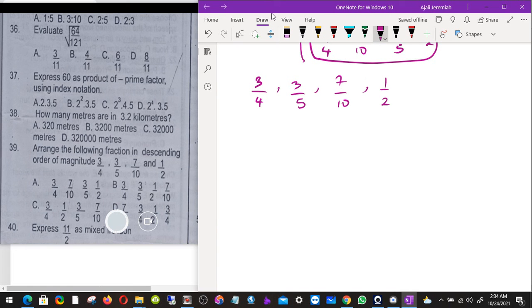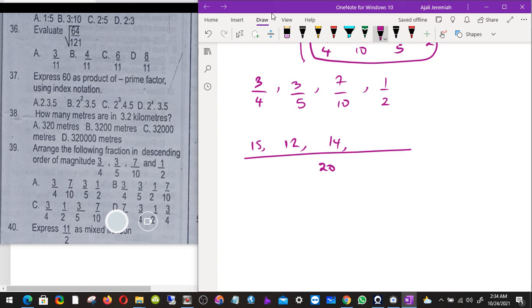So the LCM of these denominators is clearly 20. 4 into 20, 5 times that gives you 15. 5 into 20, 4 times that gives you 12. 10 into 20, 2 times that is 14.